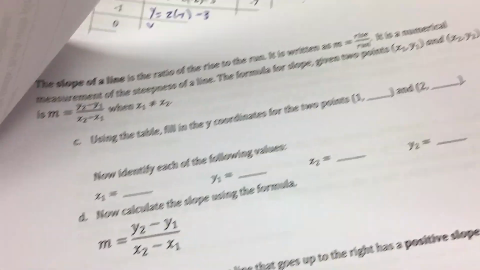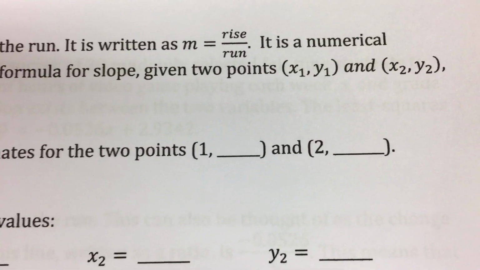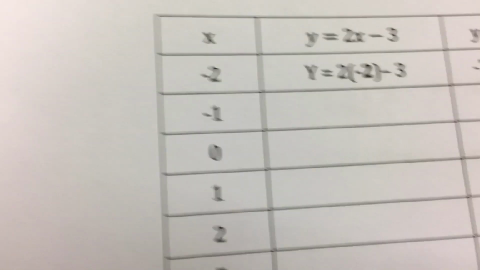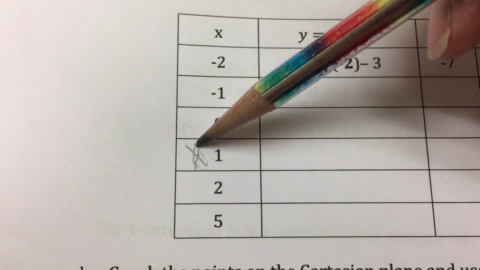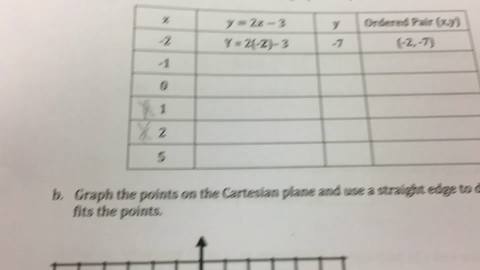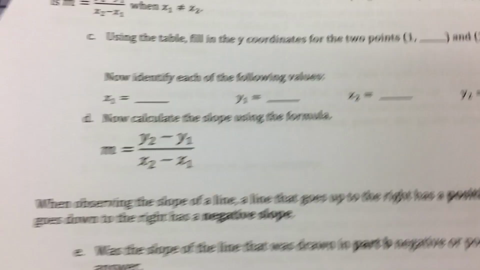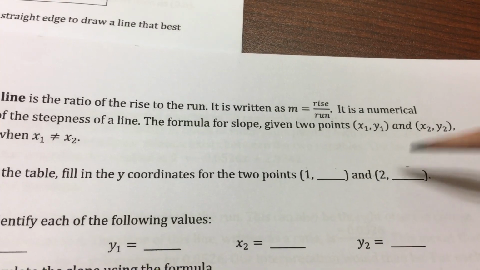Whatever points you come up with when you worked 1 and 2, notice when you're doing point 1 and 2, you're going to take your ordered pairs and use those ordered pairs to fill in this information that's on this page. So they want you to write your ordered pair for 1, ordered pair for 2.